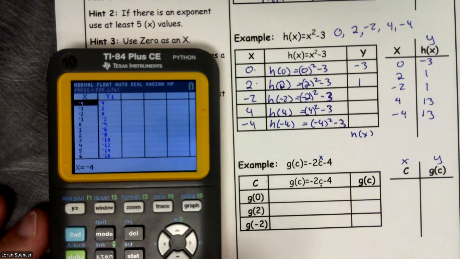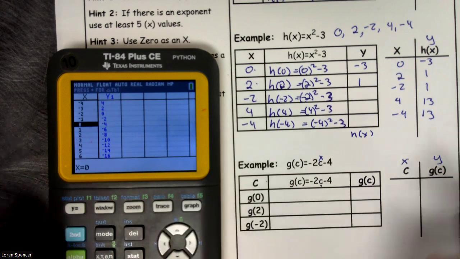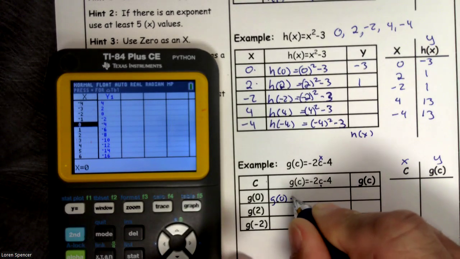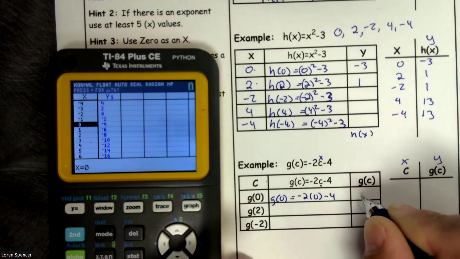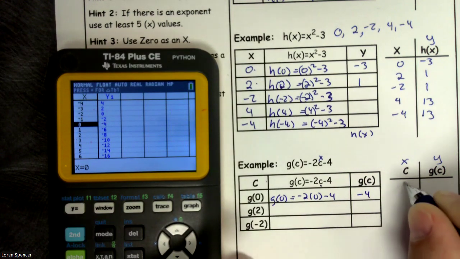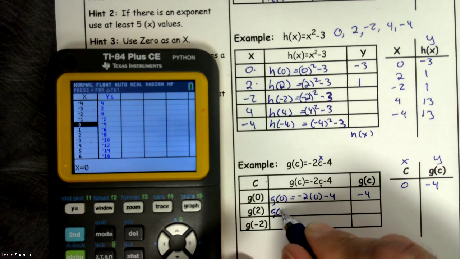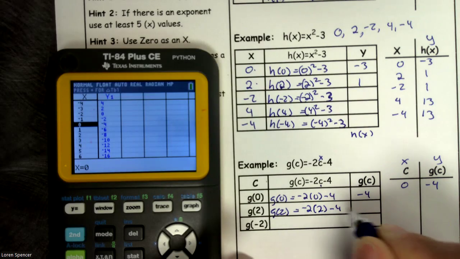So let's see what happens. Blue graph. And at 0, we have -4. So g of 0 equals -2 parentheses 0 minus 4. So this gives us -4, 0, -4. Then they want g of 2 equals -2 parentheses 2 minus 4.